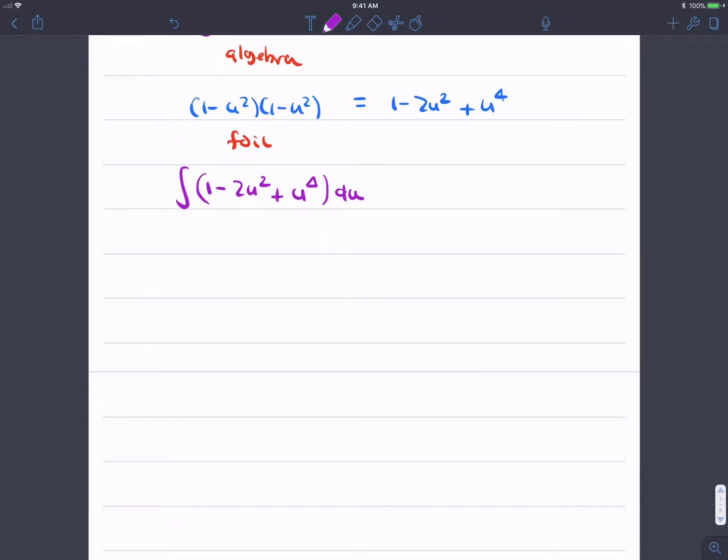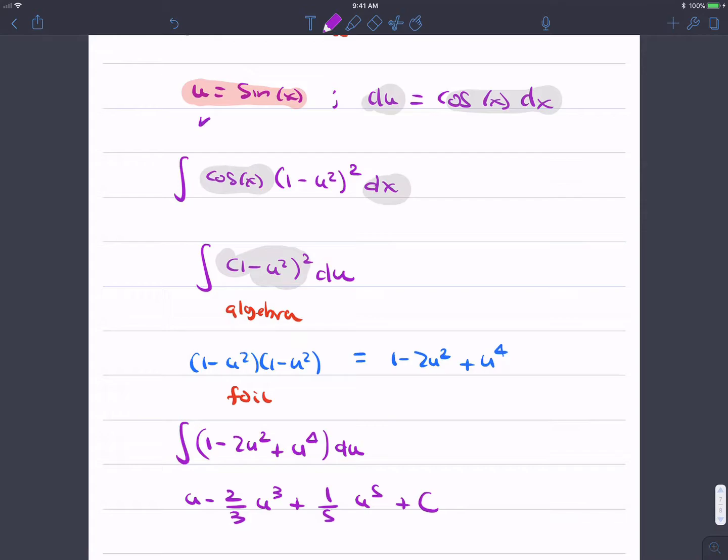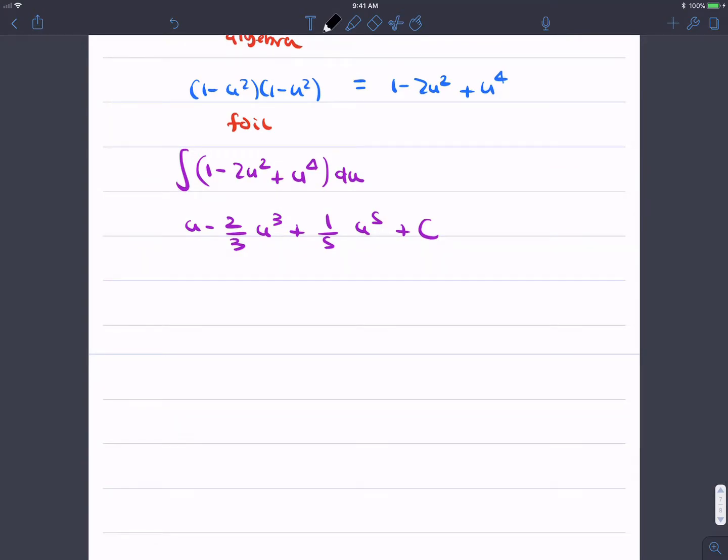When we integrate, we get u minus 2/3 u cubed plus 1/5 u to the 5th plus c. Now let's not forget that u is actually sine. So the final answer is sine minus 2/3 sine cubed plus 1/5 sine to the 5th plus c.